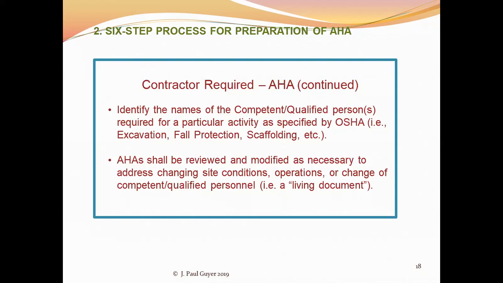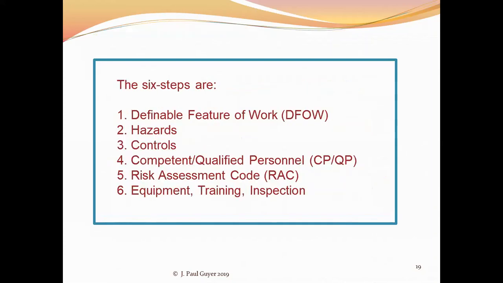And so you go through a simple revision process, update the activity hazard analysis sheet for this step, maybe get the owner to sign off on them, and then you distribute them to all of the players out there in the field, the workers. So the 6-step process consists of these 6 steps.